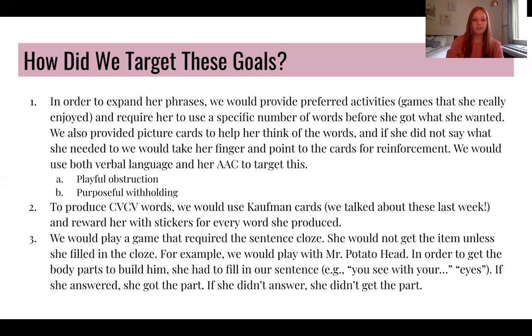To produce the CVCV words, we would use Kaufman cards and reward her with stickers every time she produced a word. And for the categories and sentence closes, we would use, for example, a Mr. Potato Head to build him. We used a farm set sometimes, like "an animal that moos is..." and she would say cow.